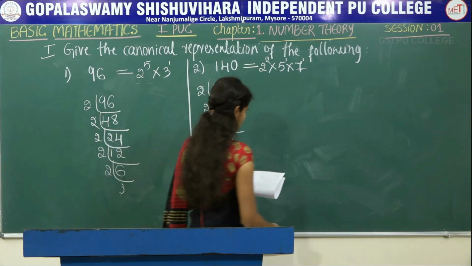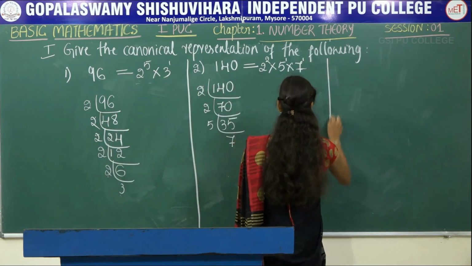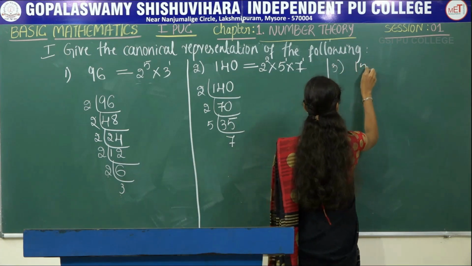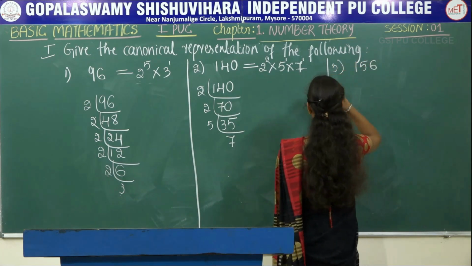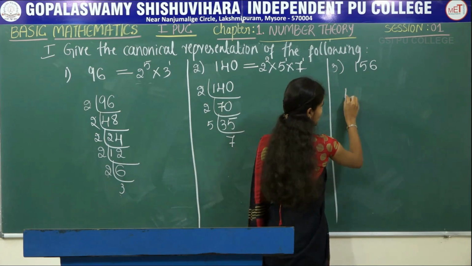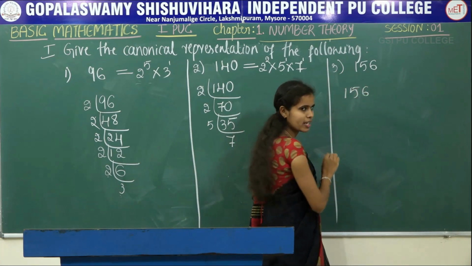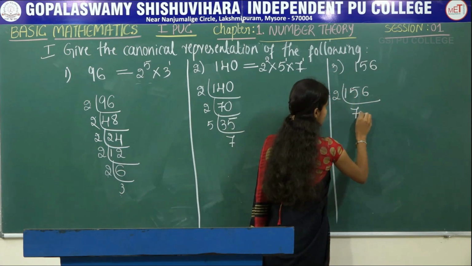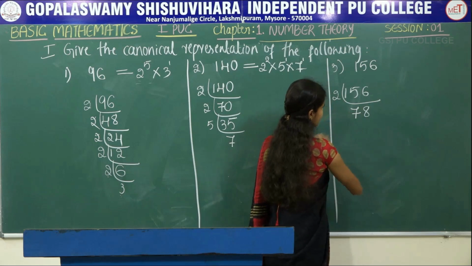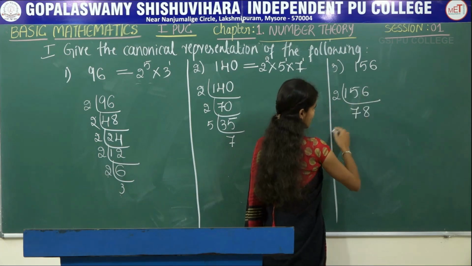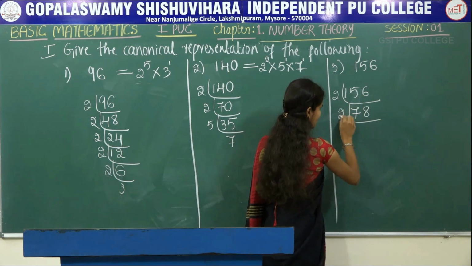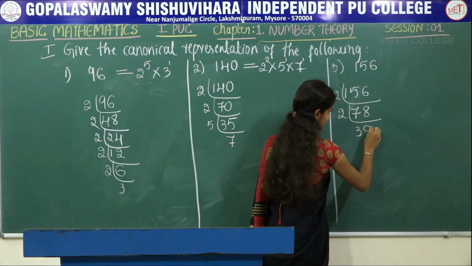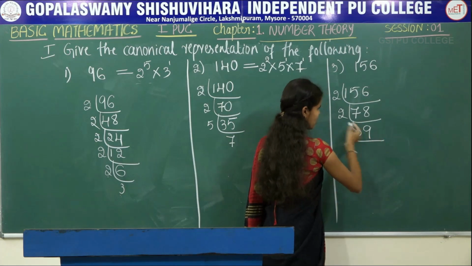Next problem. Third one is 156. Divide by using the prime factorization method. First divide by 2. 2 times 78 is 156. Again divide by 2, 2 times 39 is 78. Now 39 is not an even number, so not divisible by 2.